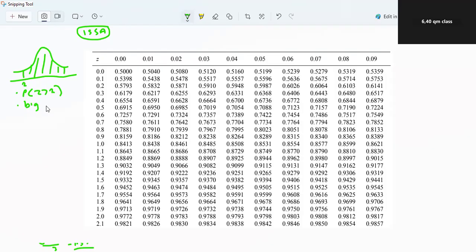Whenever we're shading, we shade to the right because of the greater sign. Greater means shade to the right. And a big reading means you read direct. So 2.0, we just read it direct. This would be 0.9772. Just read it direct.